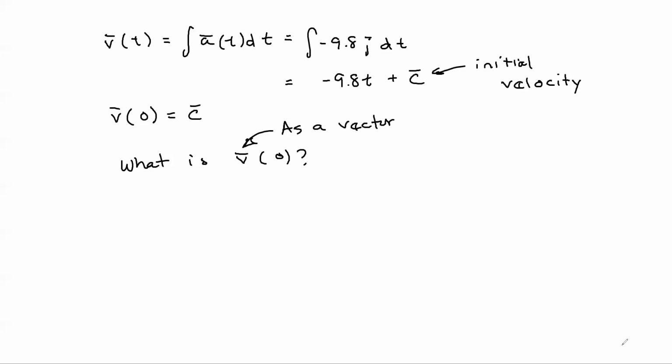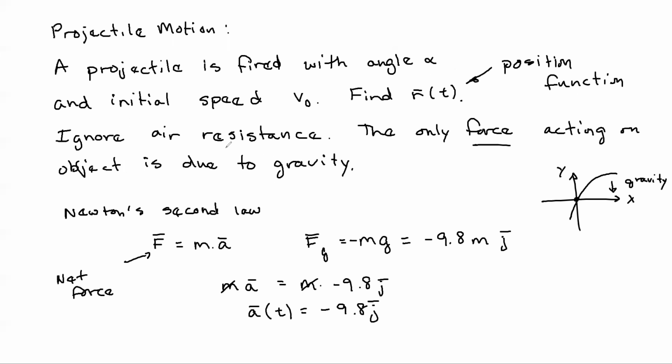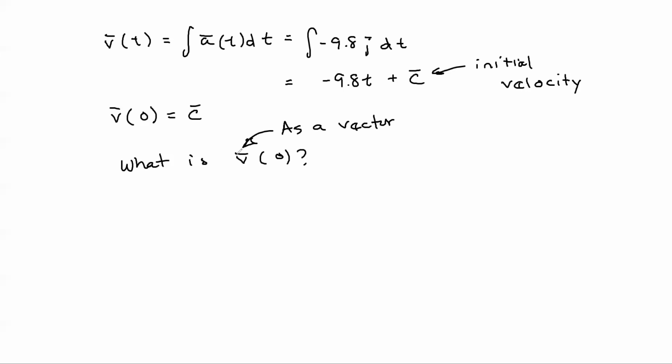If we go back and look at the information they gave us, we were told that the initial speed is v naught and the angle is alpha, and you need to use both of those together to figure out what the velocity vector at time 0 would be. So let's see if we can figure that out now.